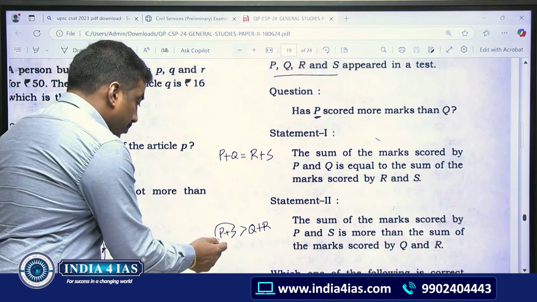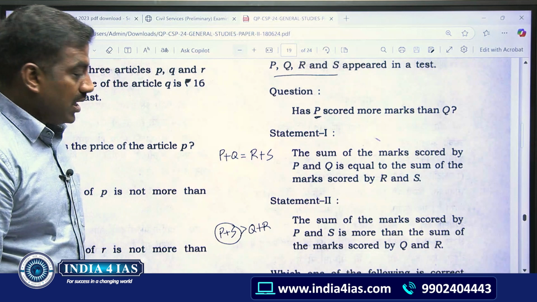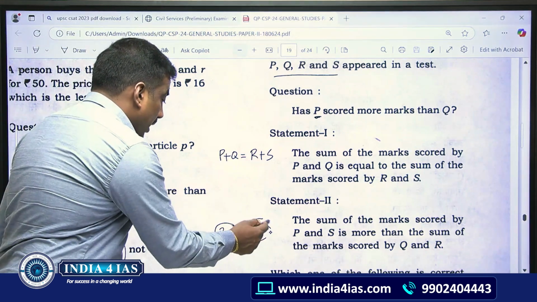But here, P plus S together are more powerful than Q and R.